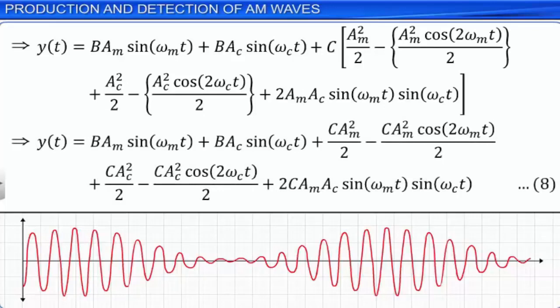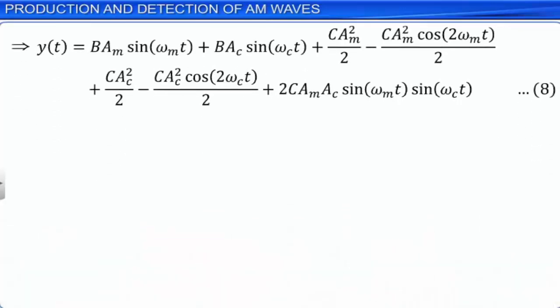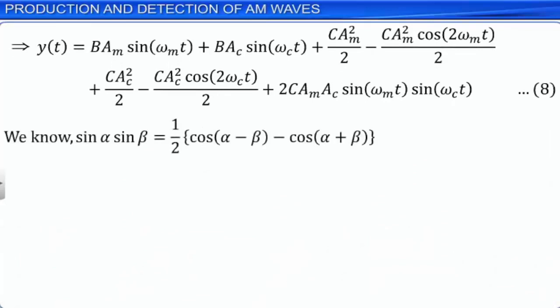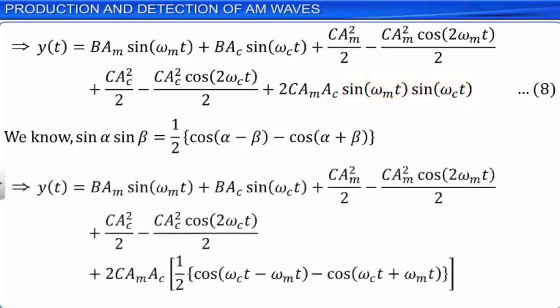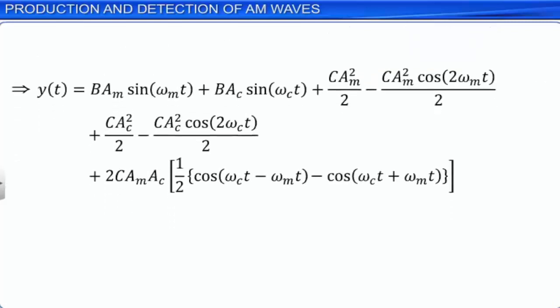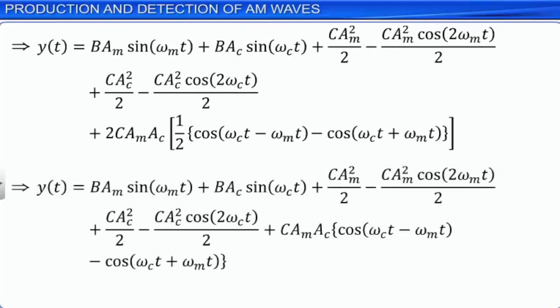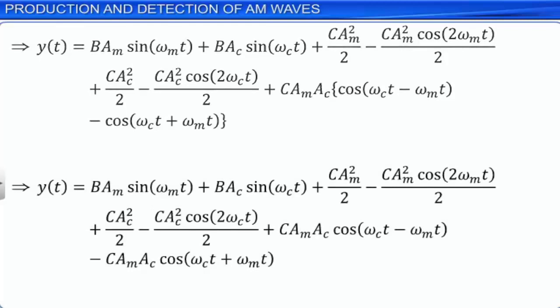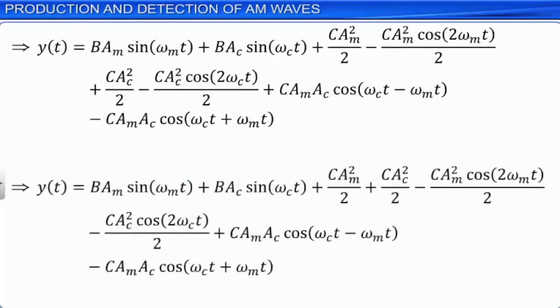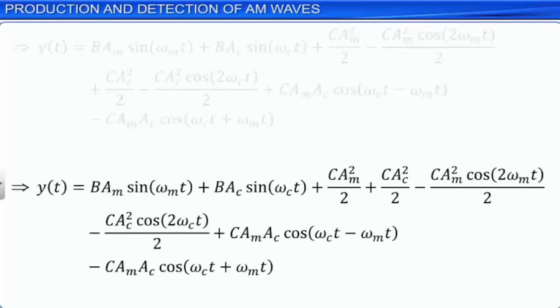Applying the trigonometric relation sin alpha into sin beta is equal to 1 upon 2 into [cos (alpha minus beta) minus cos (alpha plus beta)] to equation 8, and simplifying, we get equation 9.